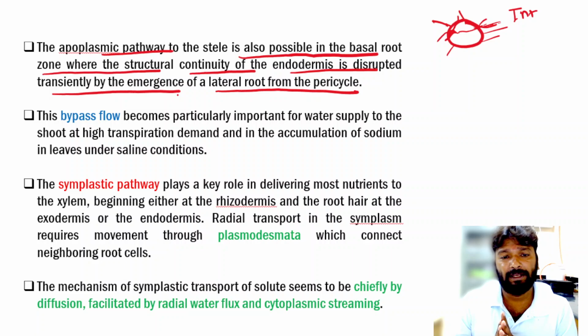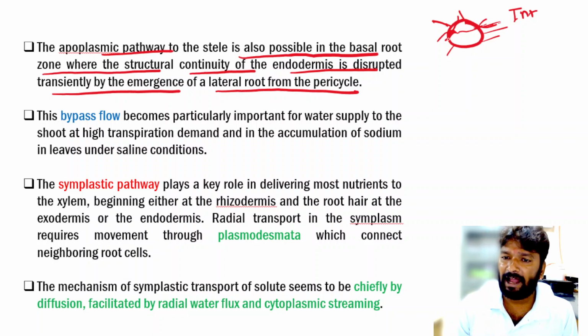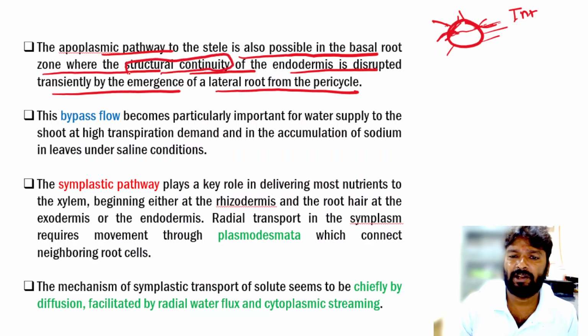In this pathway, there is generally the presence of passage cells or the Casparian strips which block the pathway. So in this case, the ions or nutrients can move via some cells where the structural integrity or continuity is broken due to the emergence of lateral roots.